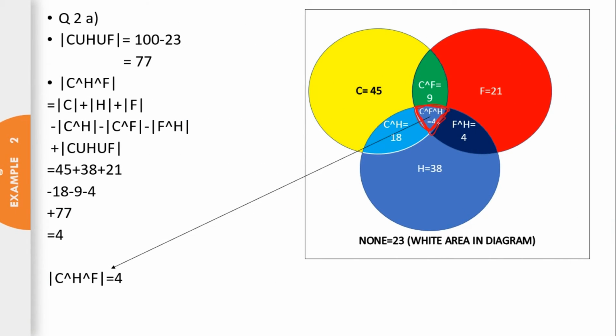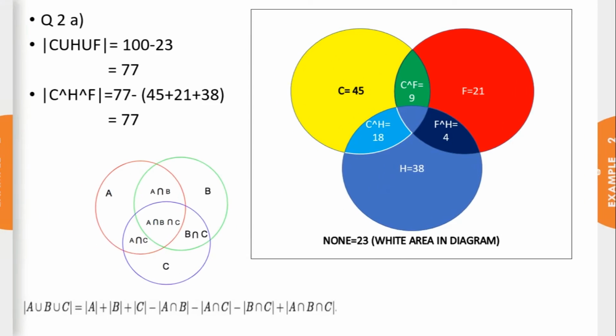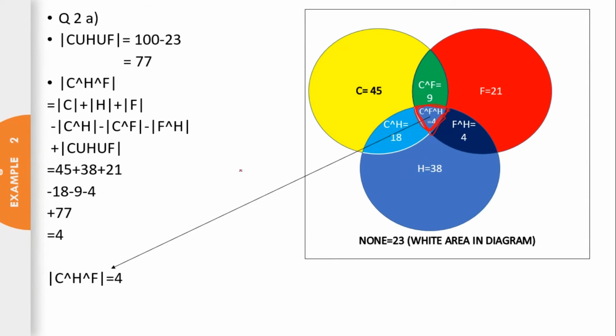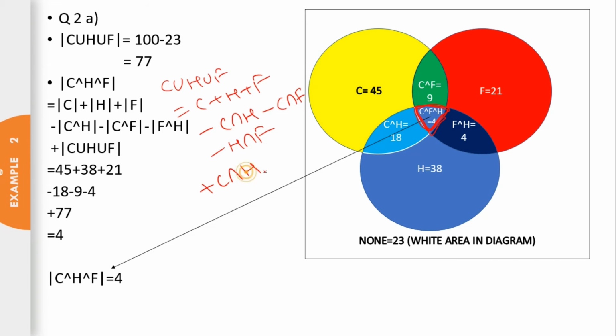This portion can be calculated by this equation, by putting all of these values in, we get C union H union F will be C plus H plus F minus C intersection H minus C intersection F minus H intersection F plus C intersection H intersection F. This intersection tells who are playing all of these.